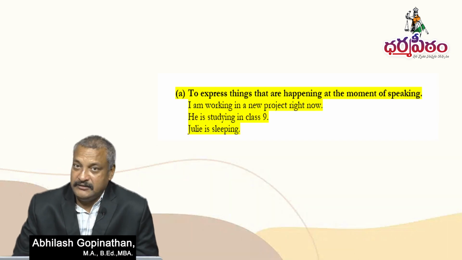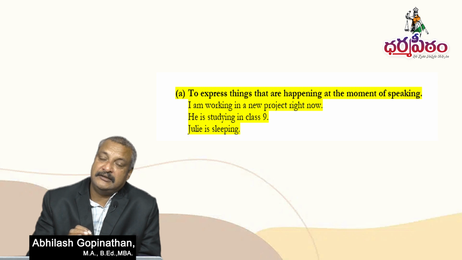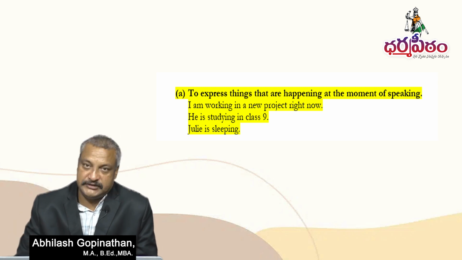Present time means when we are speaking or mentioning that particular thing. So the first usage of present continuous tense is to express things that are happening at the moment of speaking.